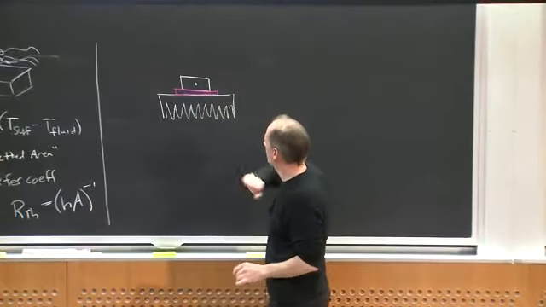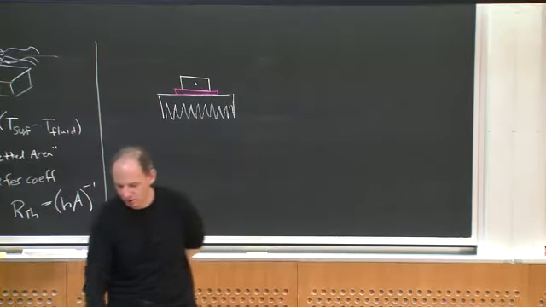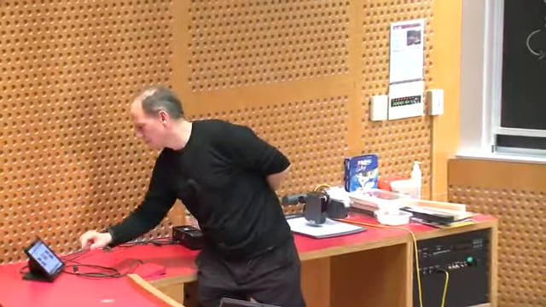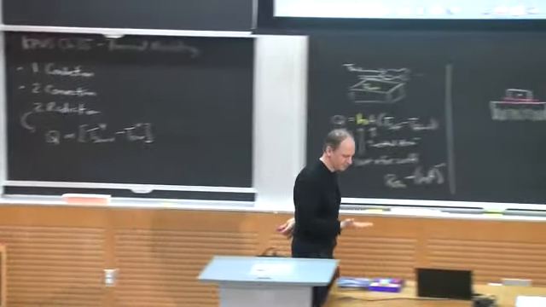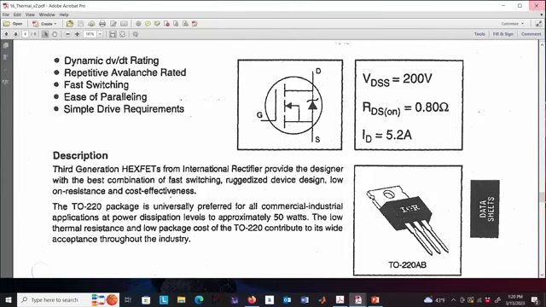This device here, and let me just illustrate as an example. Here is a typical MOSFET. This is in a TO220 package, which is maybe not the most modern of packages, but they're still used in a lot of cases. The device is inside this plastic package.